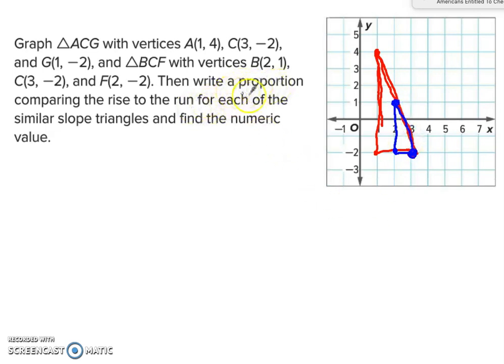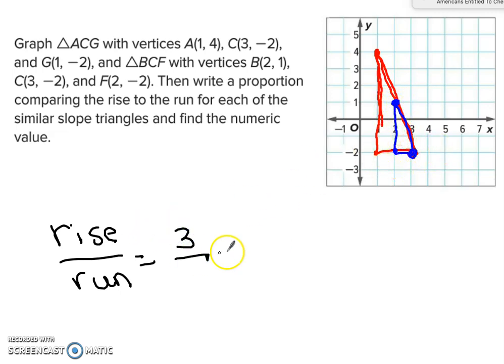Then write a proportion comparing the rise to the run. We'll start with the blue one. So I have a rise of 1, 2, 3, and my run of 1. Does that equal my rise here of 1, 2, 3, 4, 5, 6 over 2? 6 divided by 2.